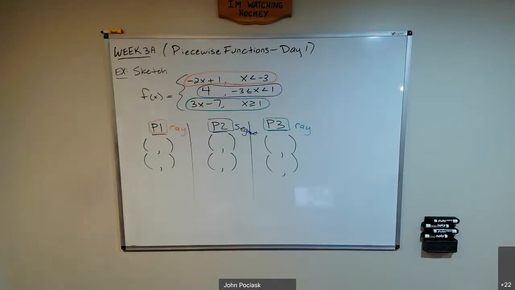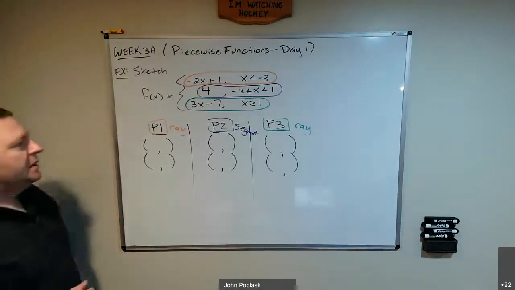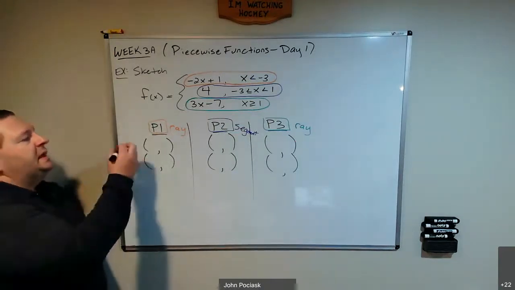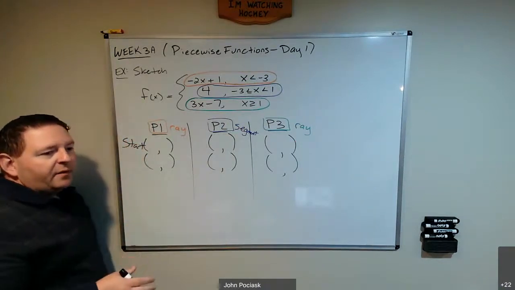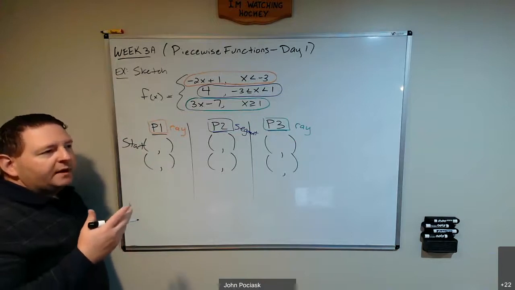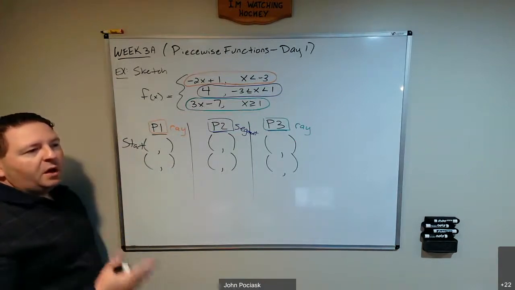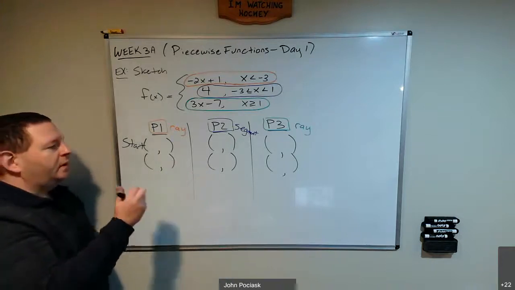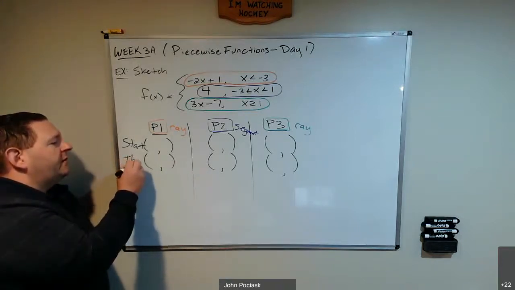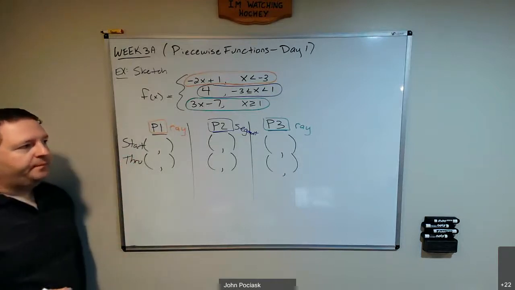Now you have to start gathering information. So a ray, what does it do? It starts somewhere and then it goes on forever. But for you to get an accurate depiction of where it's going, you need a point that it's going to eventually go through, okay, to give direction. So I write start point and a through point.